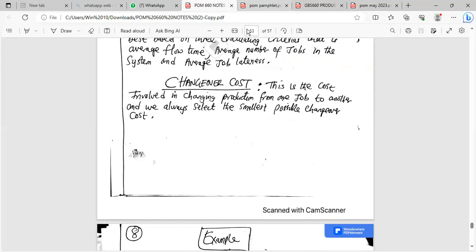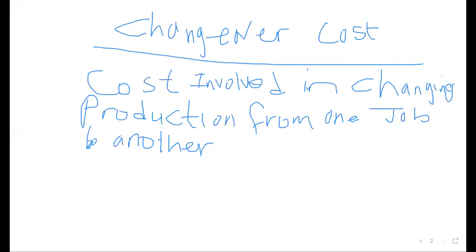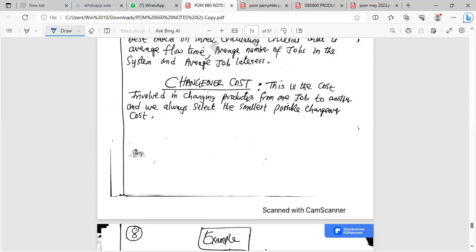It's a cost involved in changing production from one job to another, and we usually select the smallest possible changeover cost. The objective of the firm is to minimize cost. So you minimize cost in business.